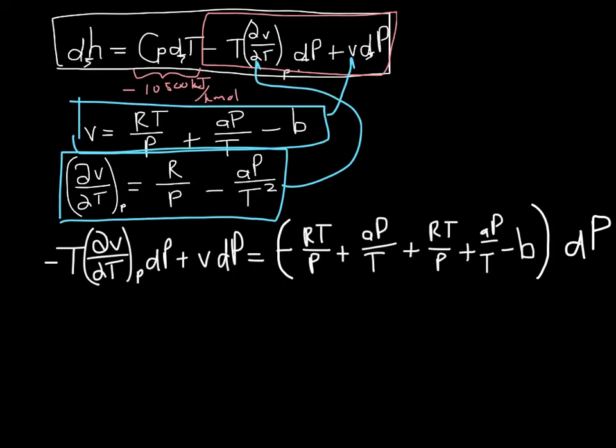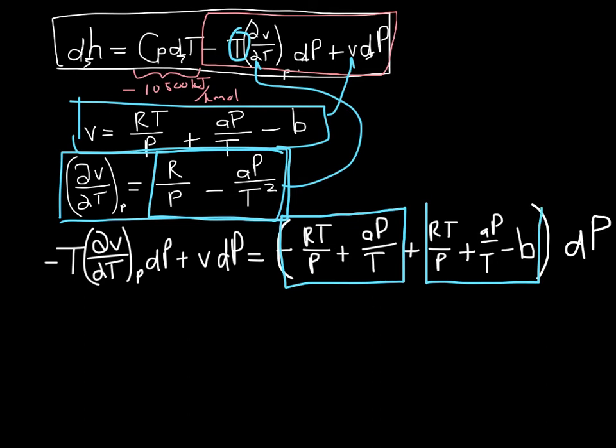So this part of the resultant equation is where I multiplied the slope with the temperature, and this is simply equal to volume.